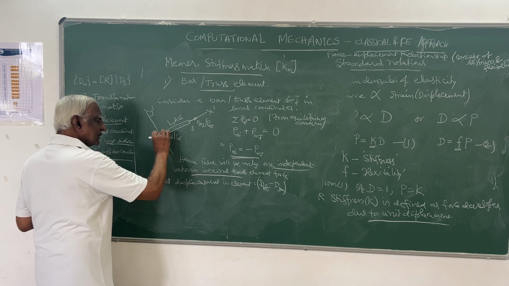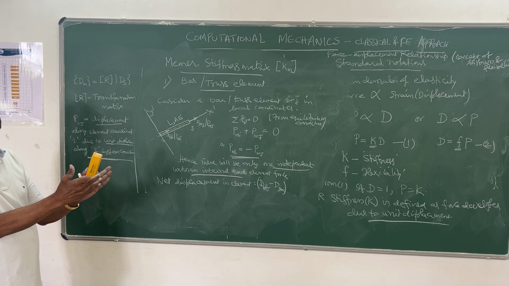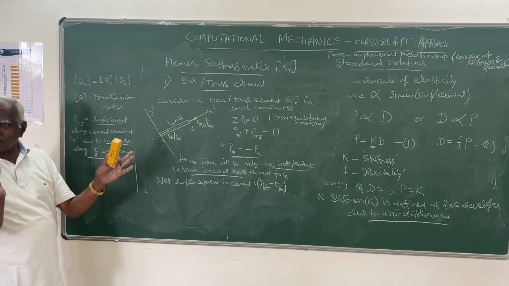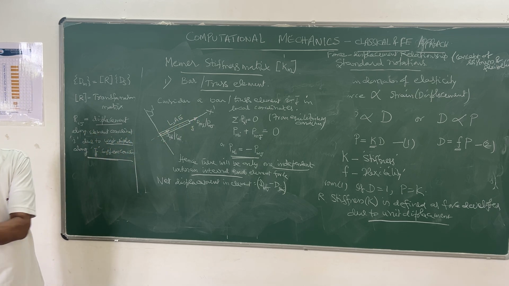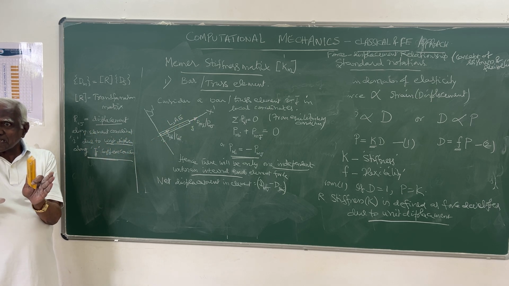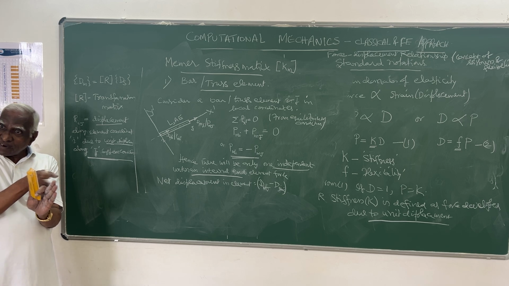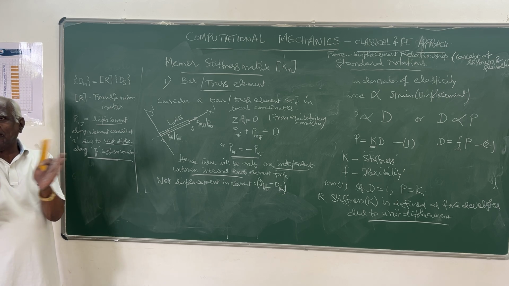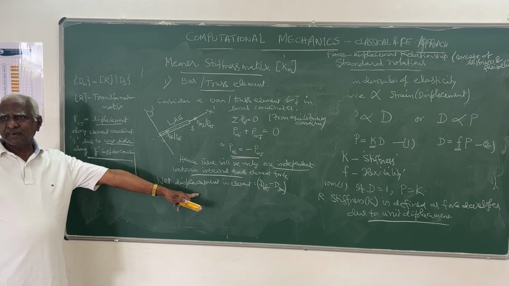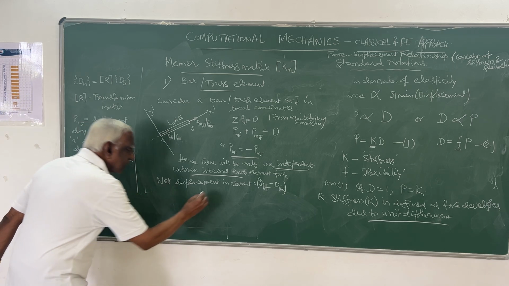This goes this much, and this goes that much. The net displacement will be that minus this in the element. Both are moving, right? The net displacement is whatever this has moved minus what this has moved. That's the actual net displacement in the element. This is called delta.